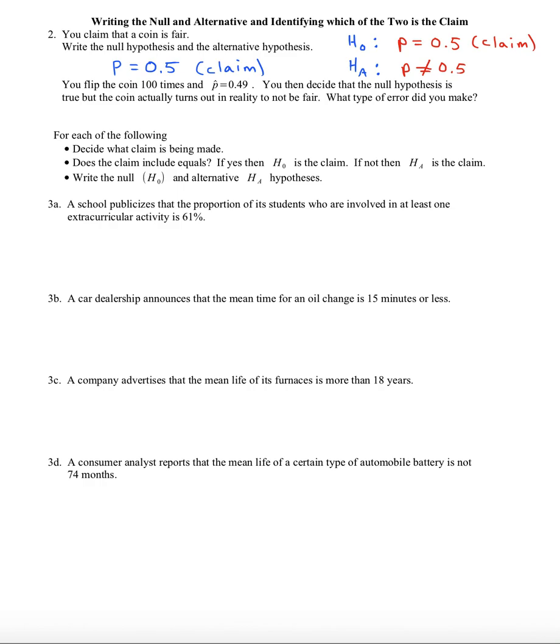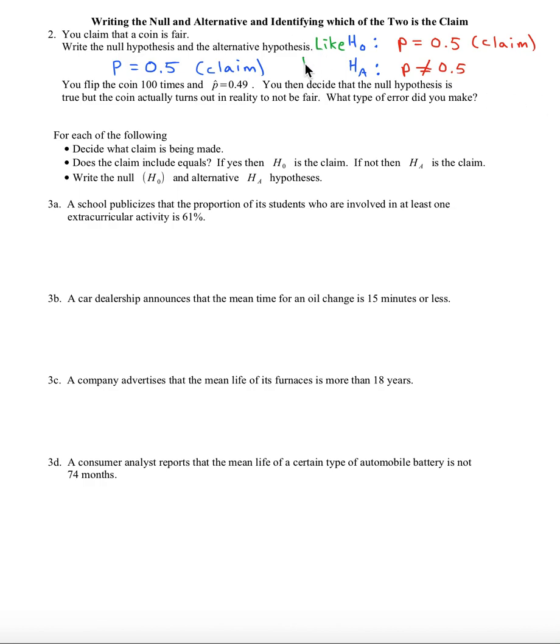Now, let's say you flip the coin 100 times and you find the empirical probability to be 0.49. You then believe the null hypothesis to be true. But it turns out in reality that that coin was not fair. What type of error would be made? So, since the person doing the investigation likes the null, I'll write that next to it.